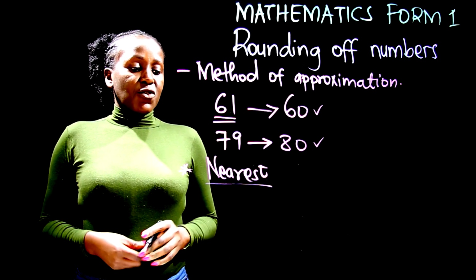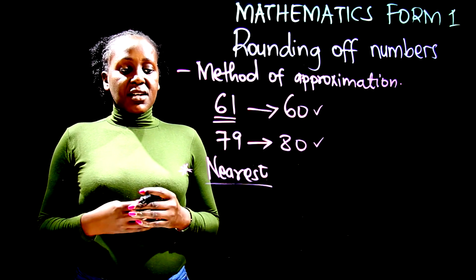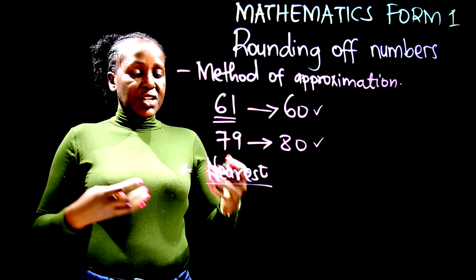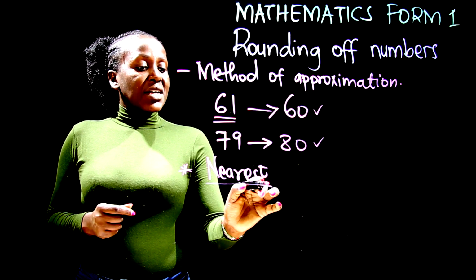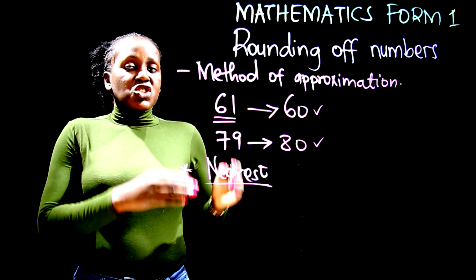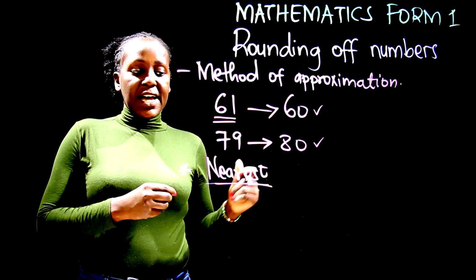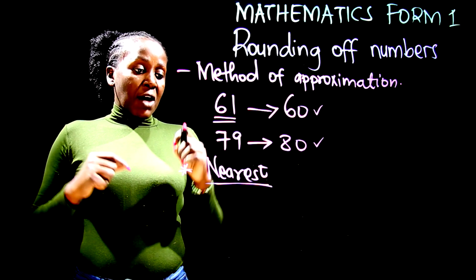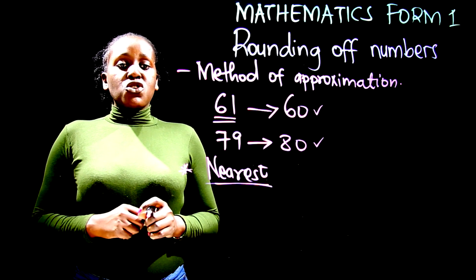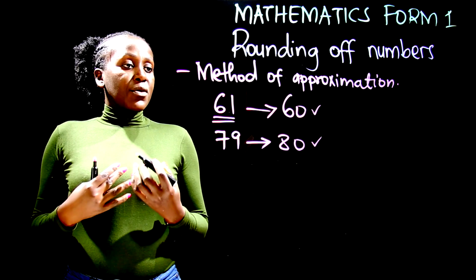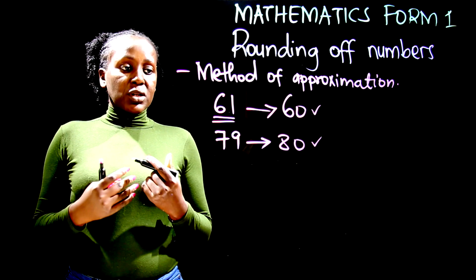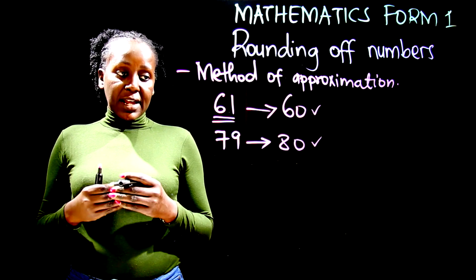So do you round off to the nearest tens, round off to the nearest hundreds, and so on? You must check which place value you need to round off nearest to.